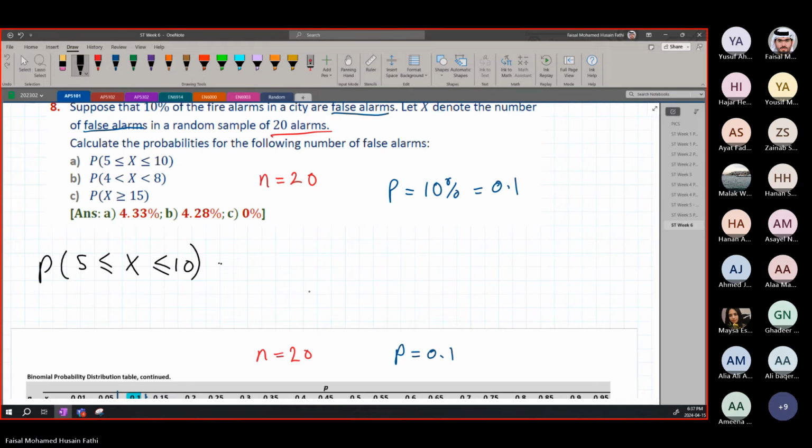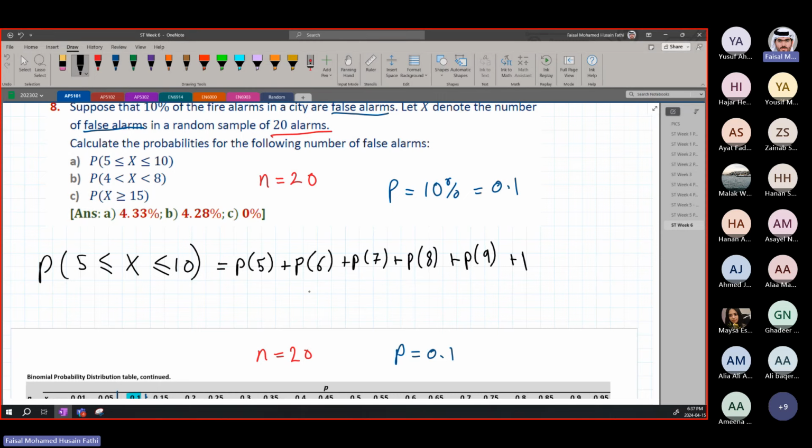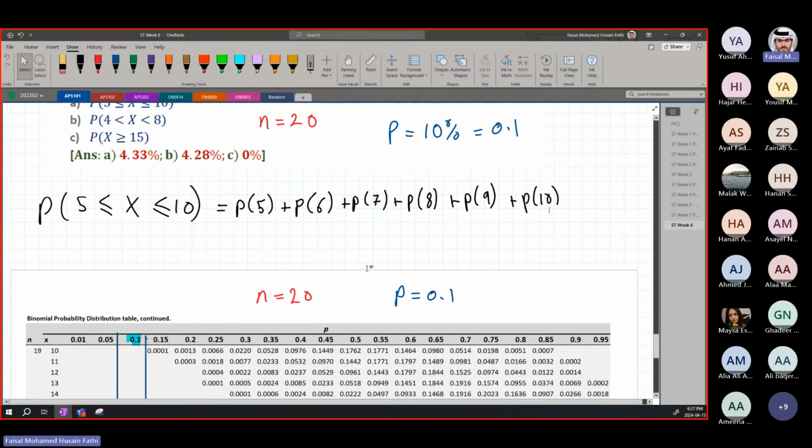So this is equal to P of 5, because it is greater than or equal to, plus P of 6, plus P of 7, plus P of 8, plus P of 9, plus P of 10. This is why you use a table for this question, because look at how many probabilities you have to find. So in this case, we're going to start from 5 all the way to 10.